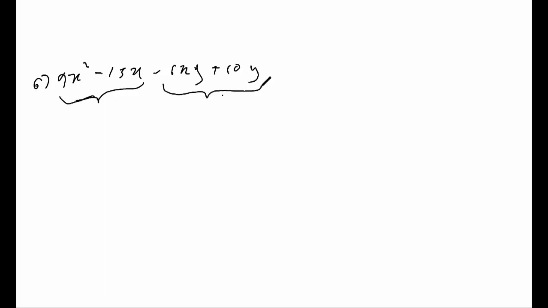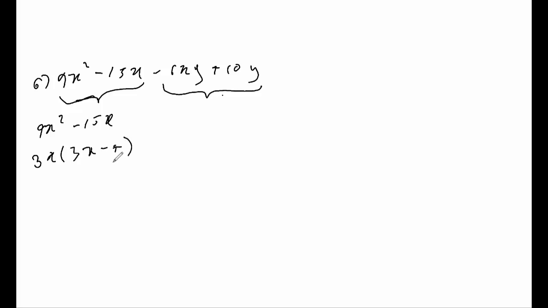So here for this group, we have 9x squared minus 15x. And here we can factor out 3x. So we factor out 3x, and we get 3x times 3x minus 5.